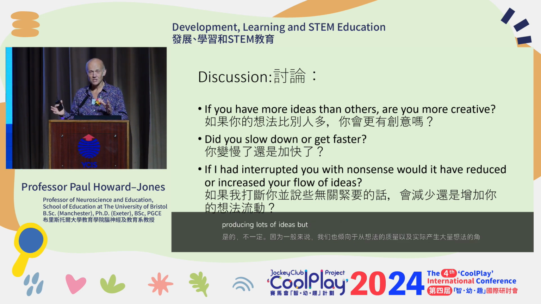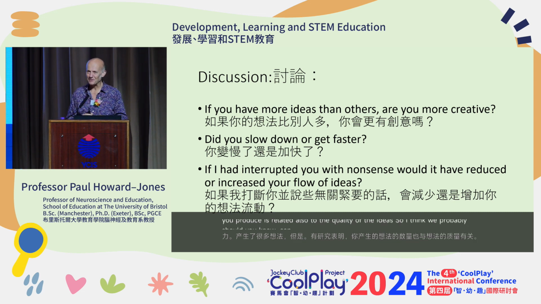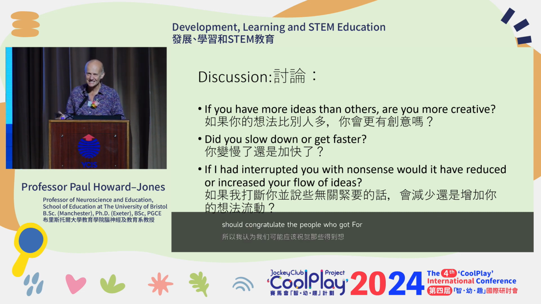But there is research to show that the quantity of ideas you produce is related also to the quality of the ideas. So I think we probably should congratulate the people who got 4, 5, 6 ideas, because that probably does mean that their creative juices are flowing better this morning.